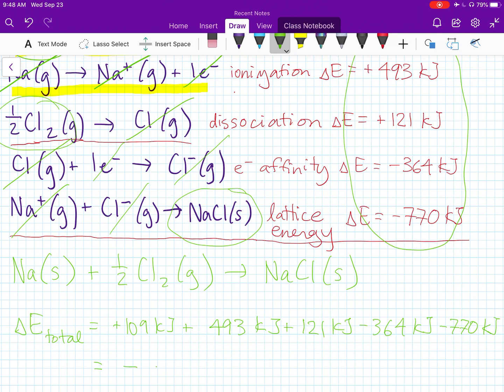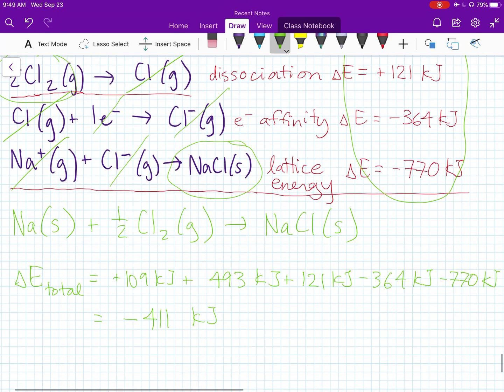That gives me a value of minus 411 kilojoules. This is the energy released when sodium chloride solid is formed from its component elements in their pure states. It makes sense that it's negative because we're lowering the overall energy of the system. It's a favorable process because you're creating all of these ionic bonds that are very favorable interactions between the positively and negatively charged ions.